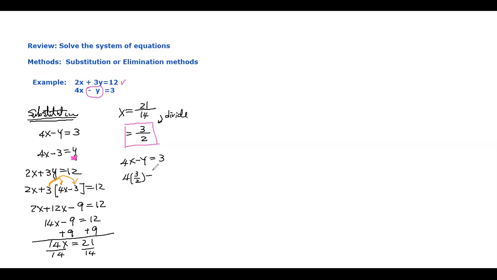So it's 4 times 3/2 minus y equals 3. Here the 2 and 4 cancel, so you get 6 minus y equals 3. That means 6 minus 3 equals y. So you get y equals 3. So your solution here is 3/2 and 3.